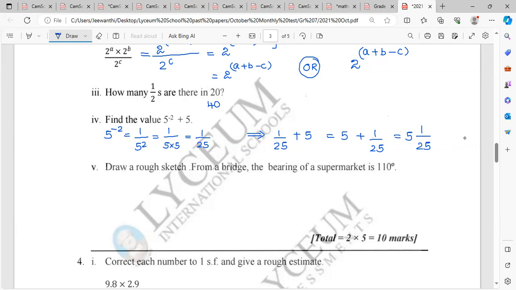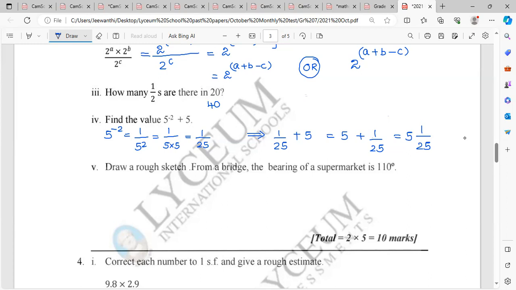So 1 over 5 to the power 2, you can write as 1 over 5 times 5, so that means 1 over 25. So 1 over 25, when you add it with 5, you get a mixed number, a whole number and a fraction added together. It gives you a mixed number, that is 5, 1 over 25.